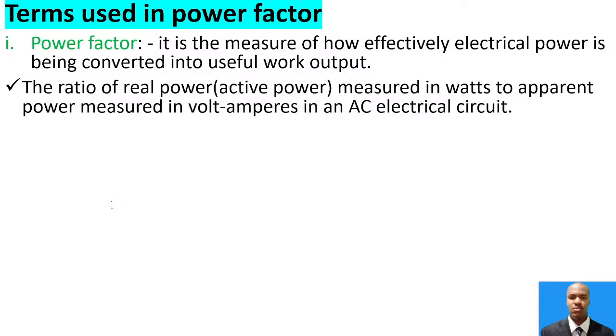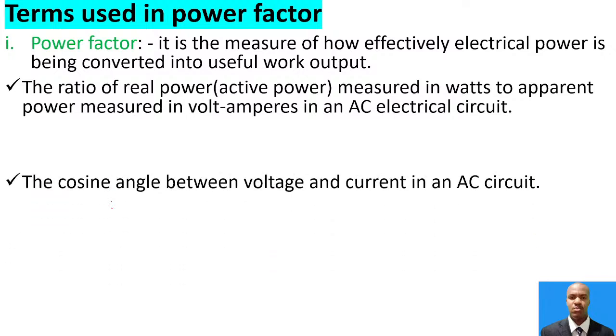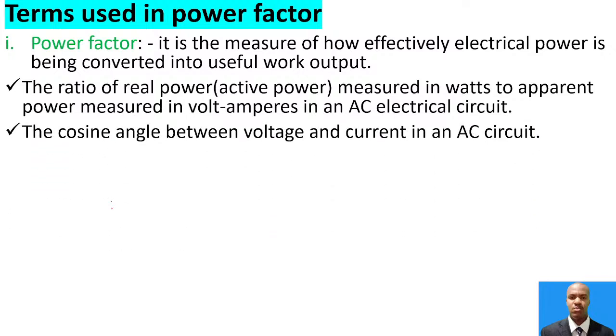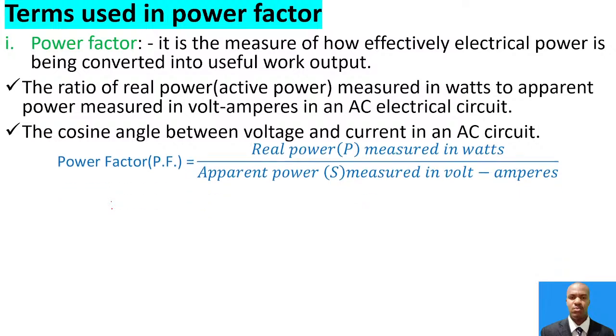Power factor is mainly associated with alternating current circuits. We can also define it as the cosine of the angle between voltage and current in an AC circuit. So power factor can be expressed mathematically as real power in watts divided by apparent power in volts amperes.